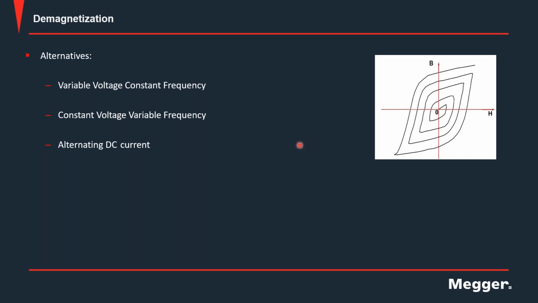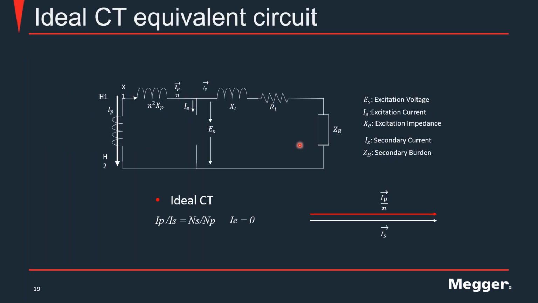Now, I want to talk a little bit about what an ideal CT would be, or the equivalent circuit of an ideal CT. I tried to make it simple, but not too simple, because I'm going to connect this ideal CT with what would be the real equivalent circuit of the CT.